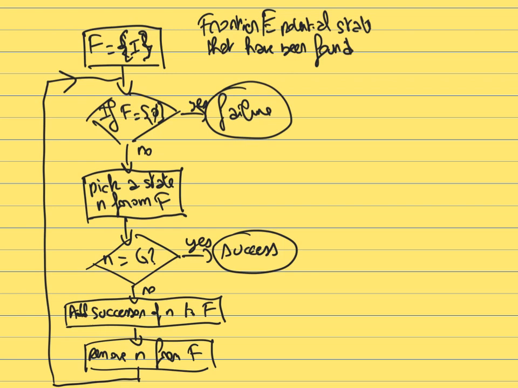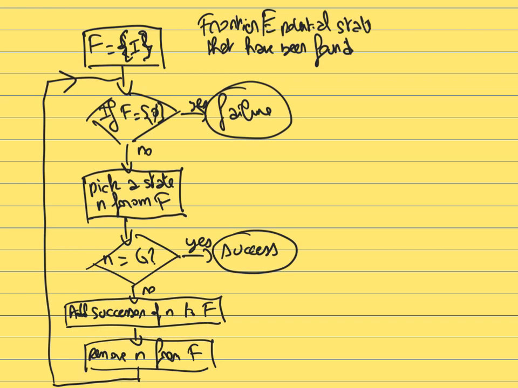In this case, the cost of the algorithm, like the time that it will take to find the goal, is mostly dictated by how many iterations, how many loops it will take for you to find the goal of the problem. And the memory of this algorithm is mostly the size of the frontier.